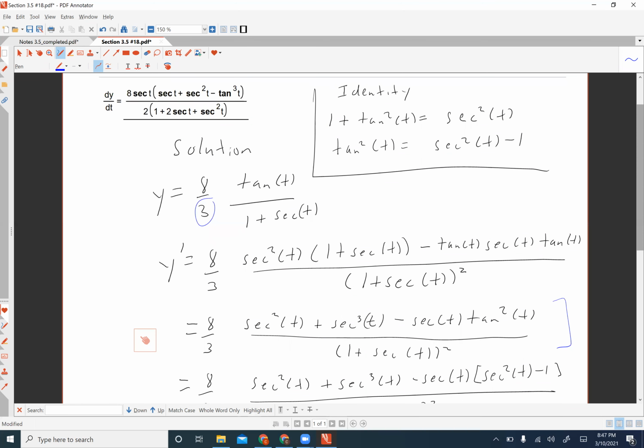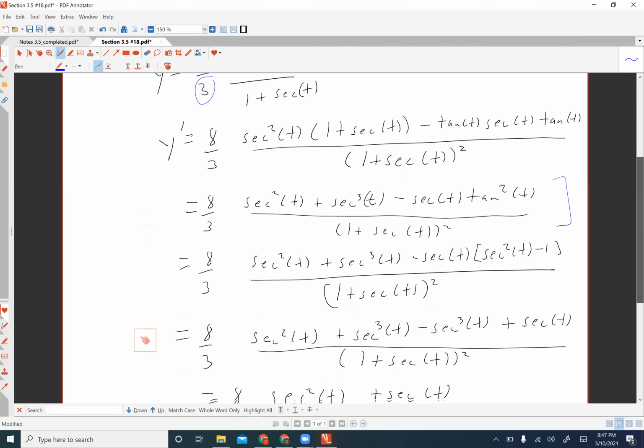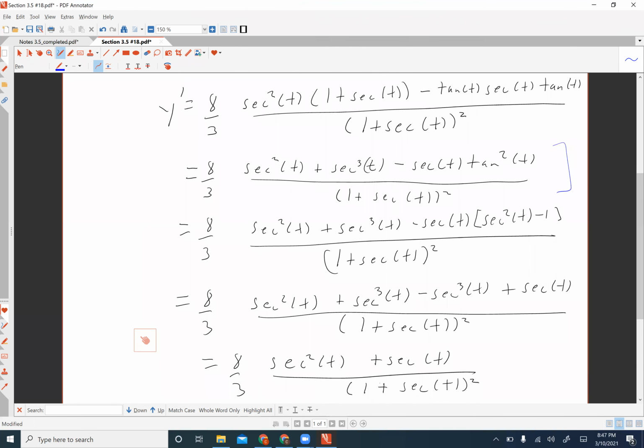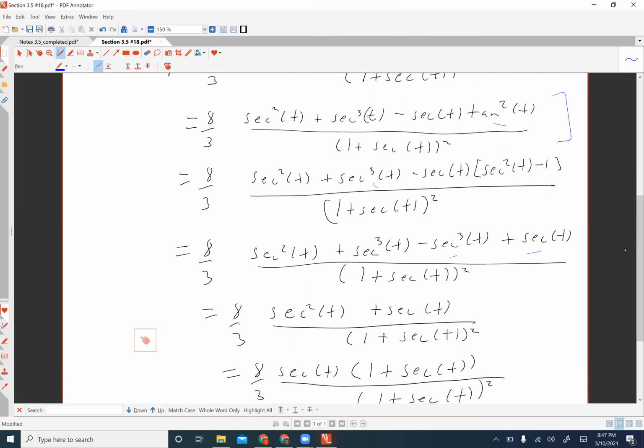So in our derivative, we're going to replace this tangent squared with secant squared t minus 1, and then once again expand and simplify. So we get secant squared of t plus secant cubed of t, now minus secant cubed of t, and now plus secant of t. Oh, and the secant cubes cancel.